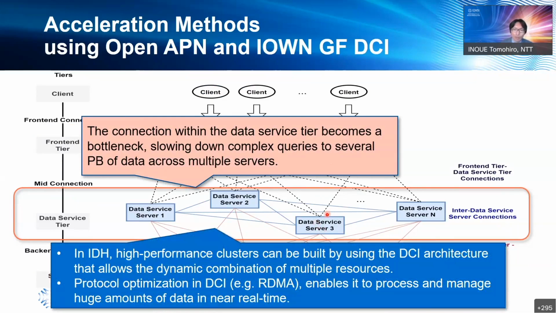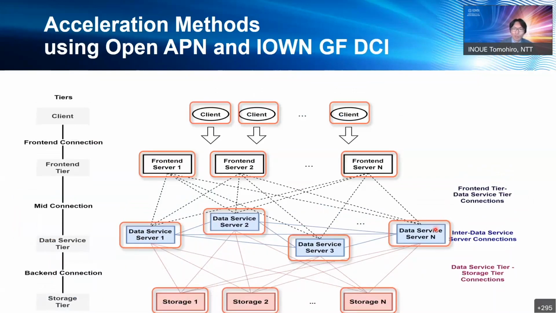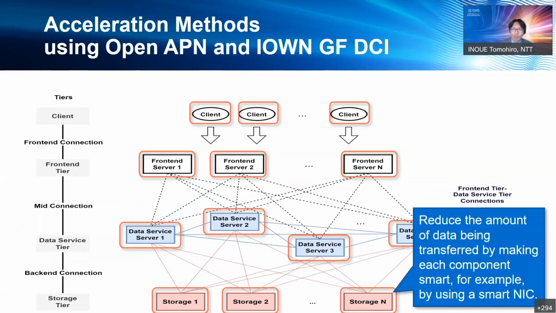In particular, protocol optimization of DCI, such as RDMA, enables the processing and management of huge amount of data in near real time. In addition, the behavior of each component itself will be improved. The amount of data being transferred can be reduced by making each component smarter, such as by using smart NICs.